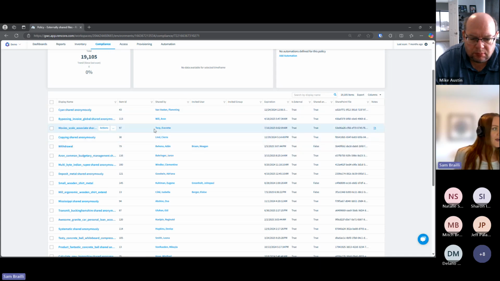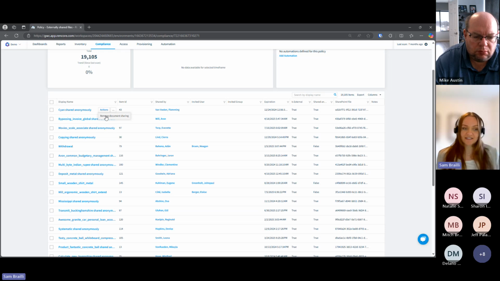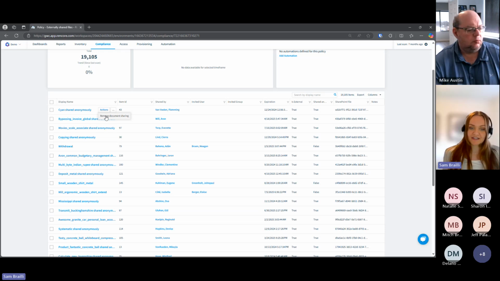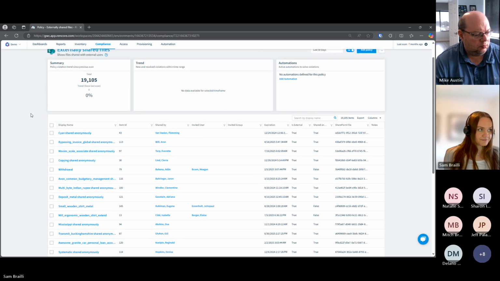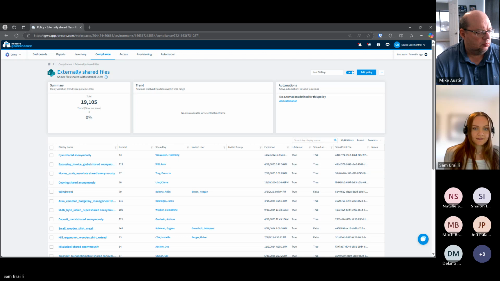You can see what the item was that was shared, and then you can take actions on that as well. So let's say we wanted to remove that document from sharing. Let's say it was accidentally shared externally, or you only want to share it externally for 30 days, we can come in and take remediative action on that.